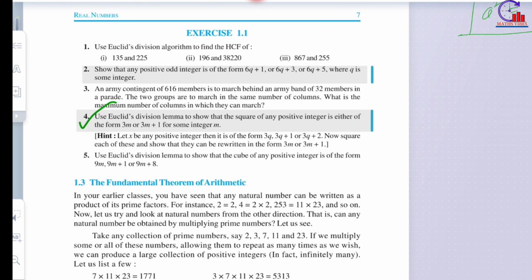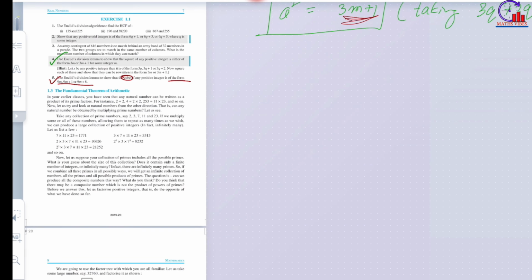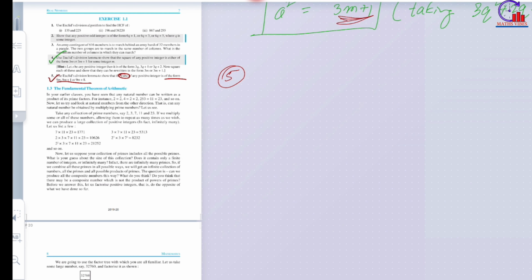Now let us come to question number 5. Here you are asked to find the cube of any positive integer which is of the form 9m, 9m plus 1, or 9m plus 8. So here you have to consider b is equal to 3, because you are cubing the number, isn't it?